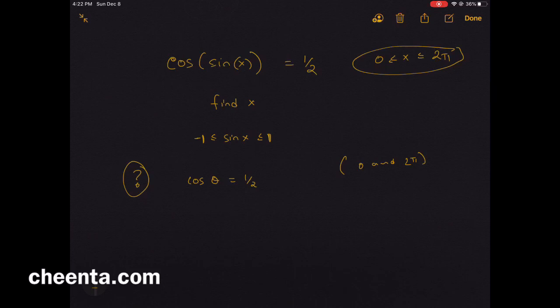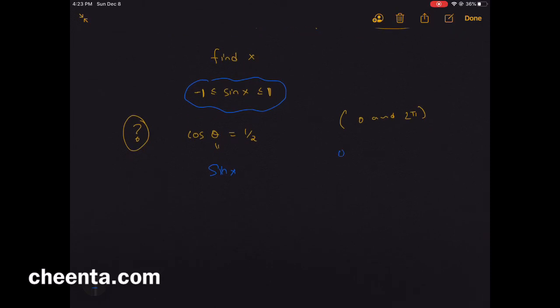Well, actually you are not supposed to look between 0 and 2 pi, because this theta, which is in our case sine of x, is ranging between -1 and +1. So you are interested in looking at theta between -1 and +1. Okay, but we know that cosine of theta is half if theta is equal to pi over 3.